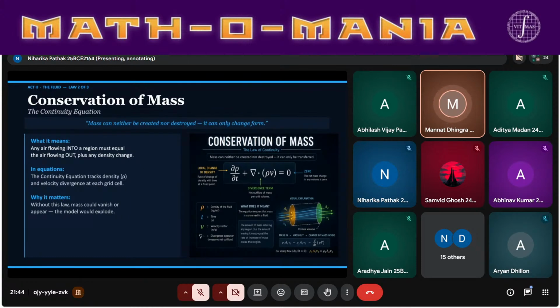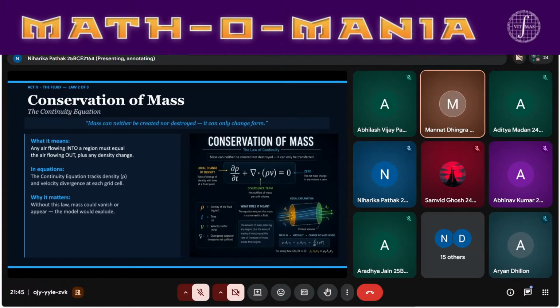Let's say that in this cylinder pipe, the density is constant. It's the same at both ends. So rho cancels out. The final equation we get is A1 V1 equals A2 V2, which we have learned in 11th and 12th, I believe, right? It is a very important equation which we have learned in fluid dynamics.